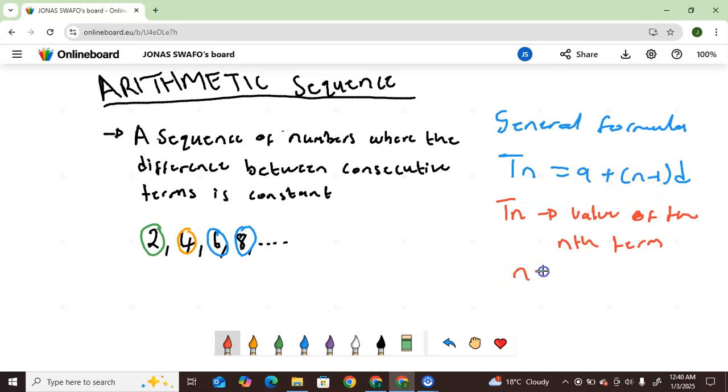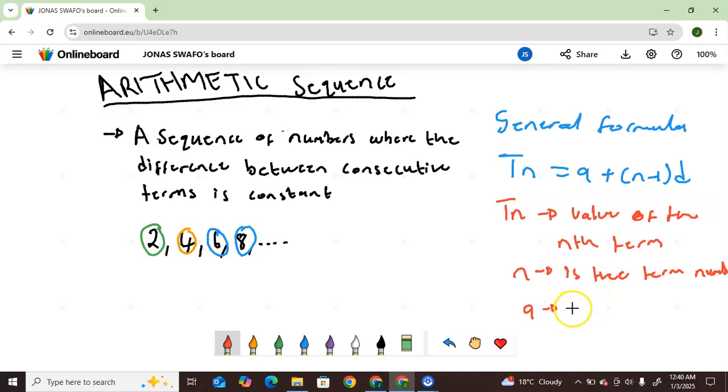So, what is n representing? N is the term, or rather the term number. N is the term or the term number. Then what do we also have? We have an A. What is A?